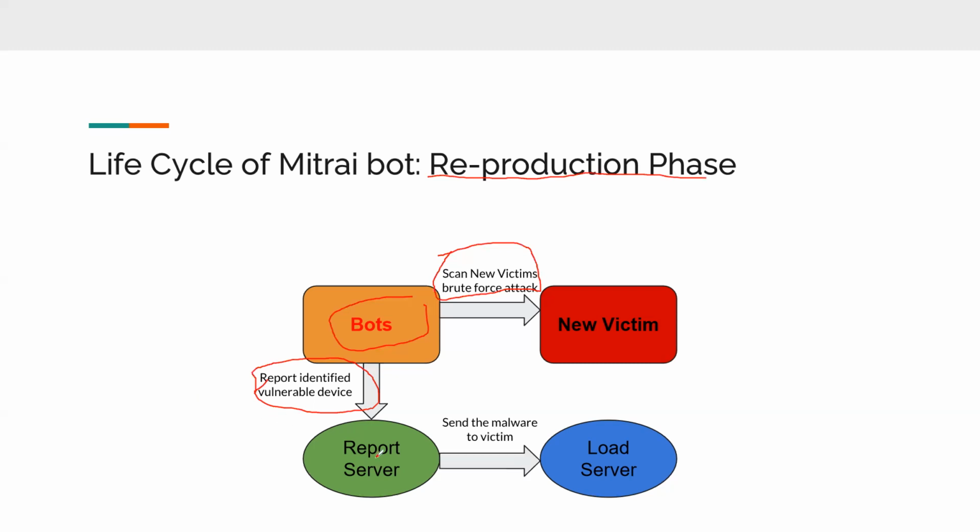The reporting server sends it to the loader server and tells it to upload the malware to the victim. The loader server then uploads the malware, and the new victim runs the malware and joins the botnet.